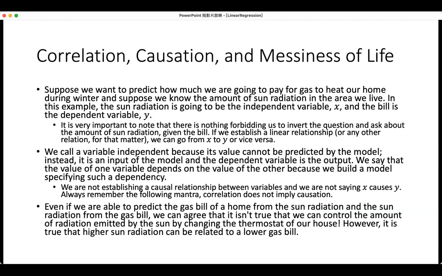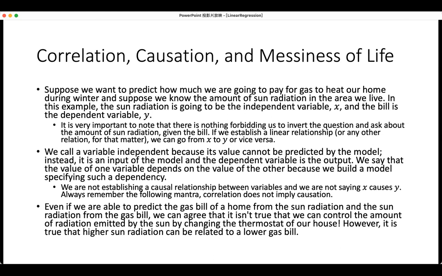Correlation and causation are very confusing concepts.